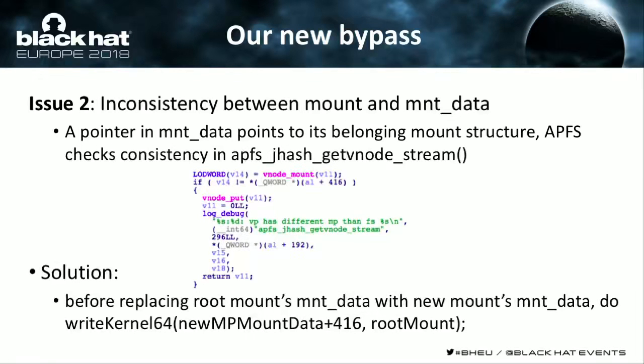So if we have a mount data structure, but the pointer in it does not point to its belonging mount structure, the kernel may panic. So my solution to this issue is that before replacing root mount data, we set the pointer in this new mount data to the original root mount.